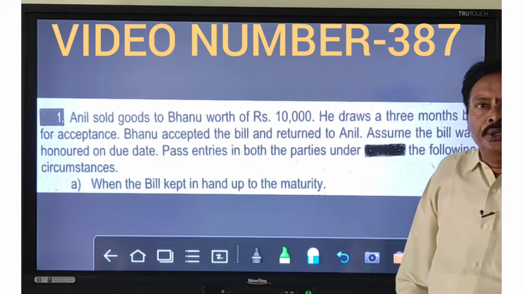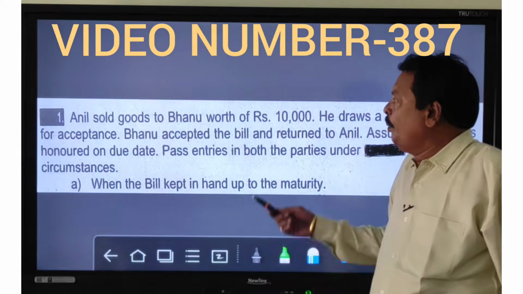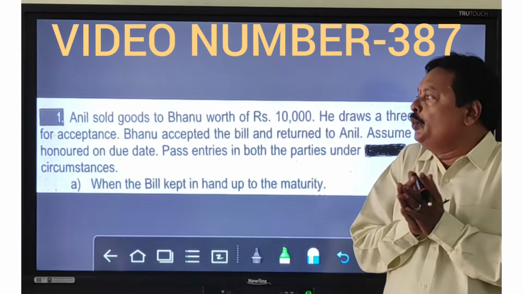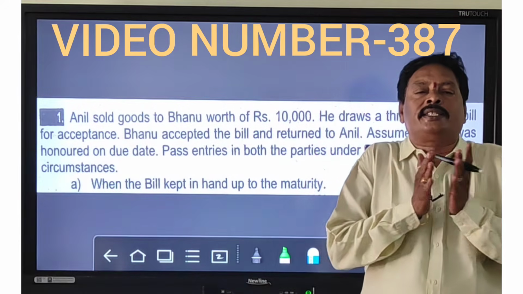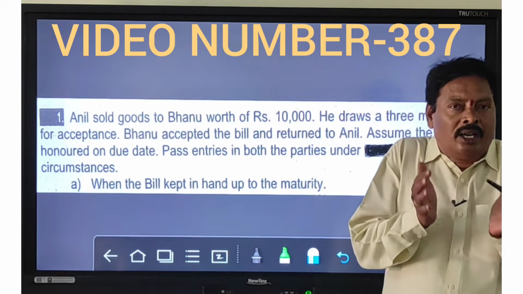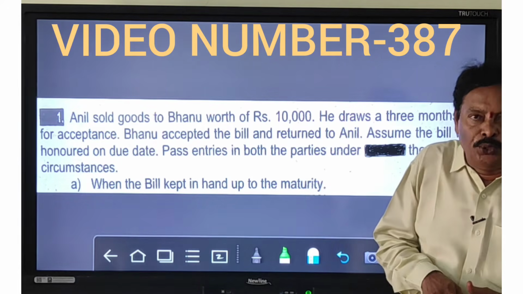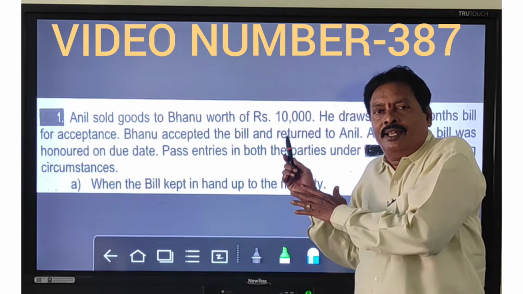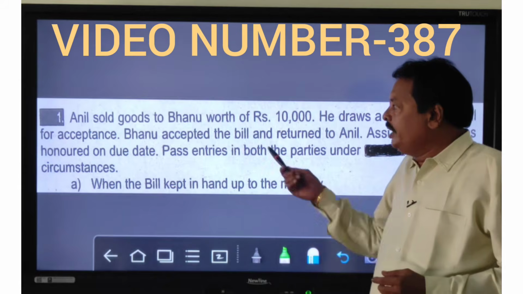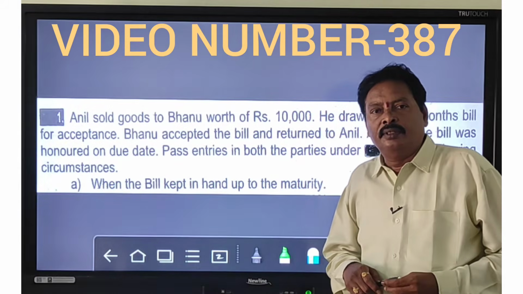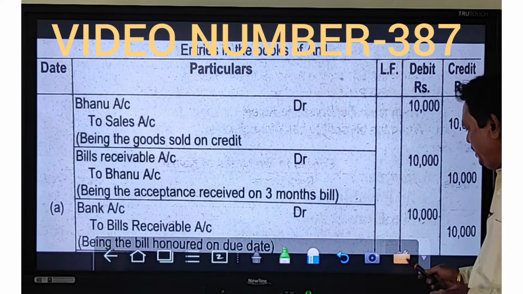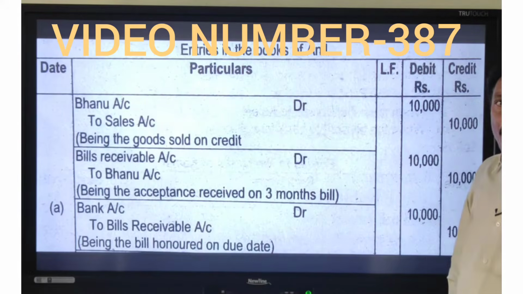On the maturity date, Banu paid the entire amount 10,000 to Anil and settled his account. That means Banu honored the bill on the due date. This is the situation in this problem. With the help of this information, we have to write the entries in both parties.